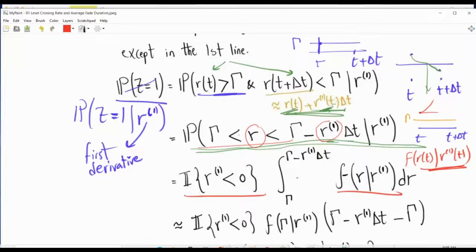You integrate this PDF from gamma to gamma minus the first derivative multiplied by delta t. Don't forget that the derivative itself is a random variable; fixing it, it becomes a constant, but now we need to use not the distribution of R, but the conditional distribution of R given R dot.